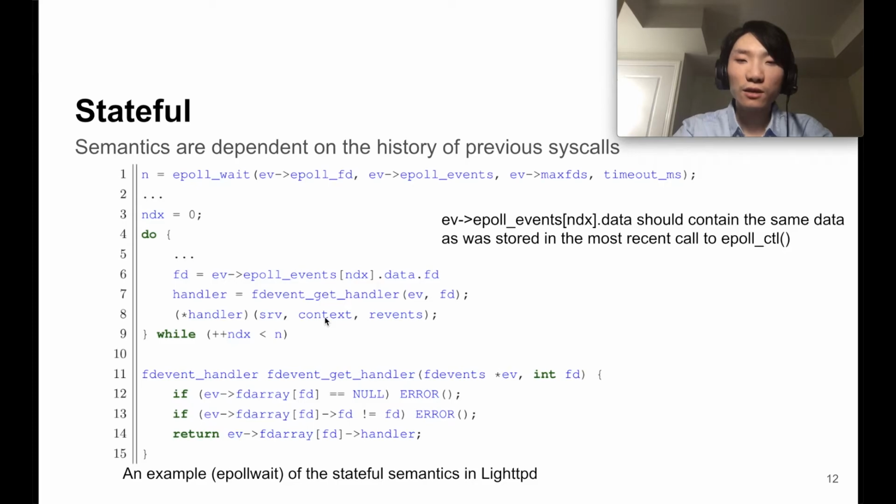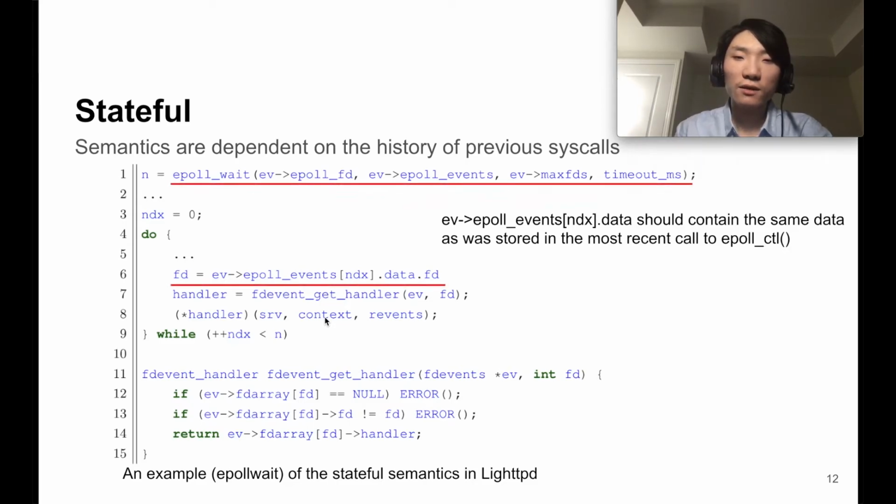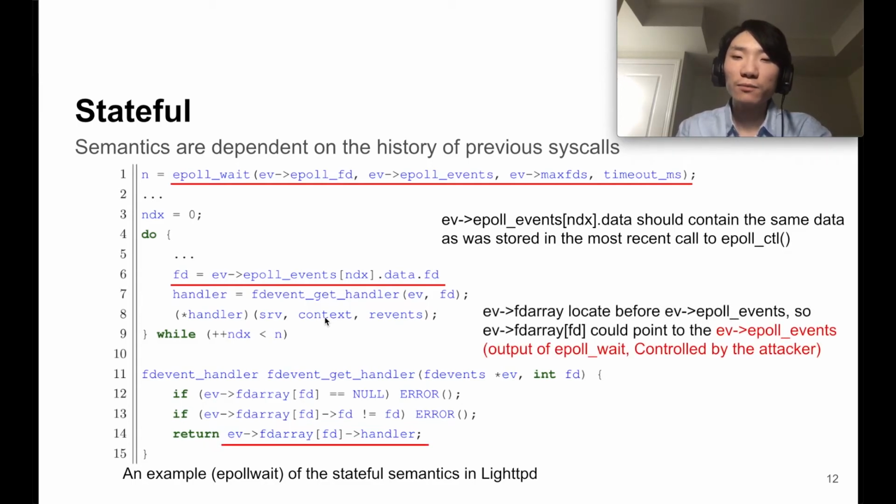And in this example, fd is user-stored data returned from epoll_wait. Like this code, it again uses the returned fd to index an fd array. The fd array is actually placed before epoll events. That means a properly crafted fd could make the fd array entry point to epoll events.